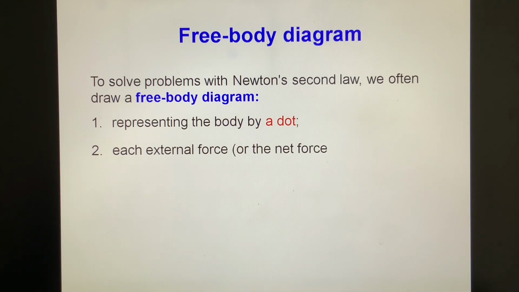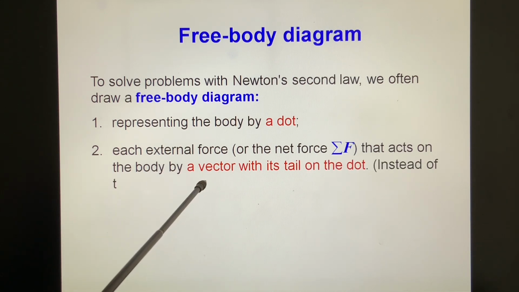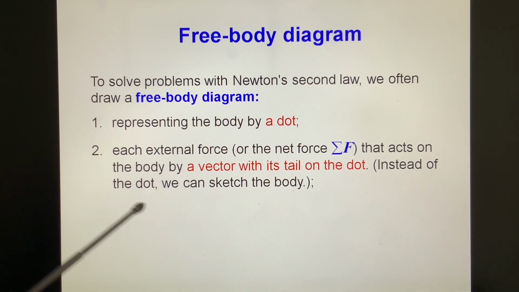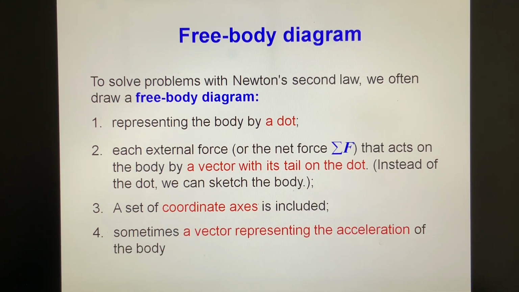Each external force, or the net force sigma F, that acts on the body by a vector with its tail on the dot. Instead of the dot, we can sketch the body. 3. A set of coordinate axes is included. 4. Sometimes a vector representing the acceleration of the body is also included.